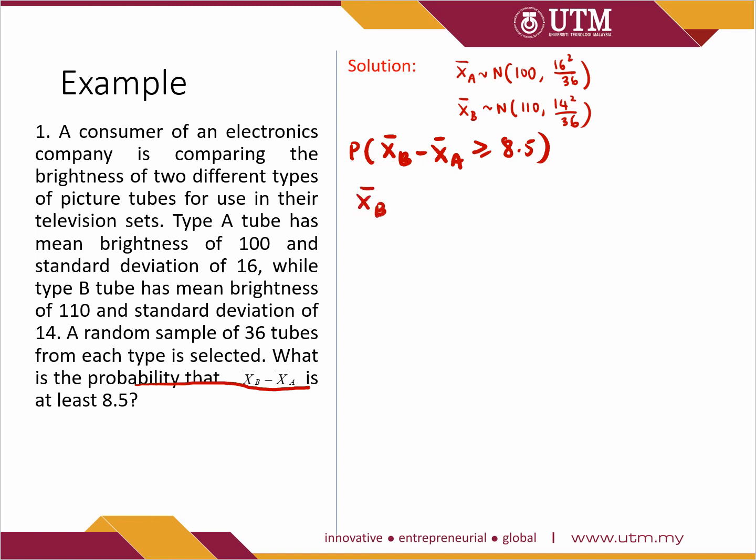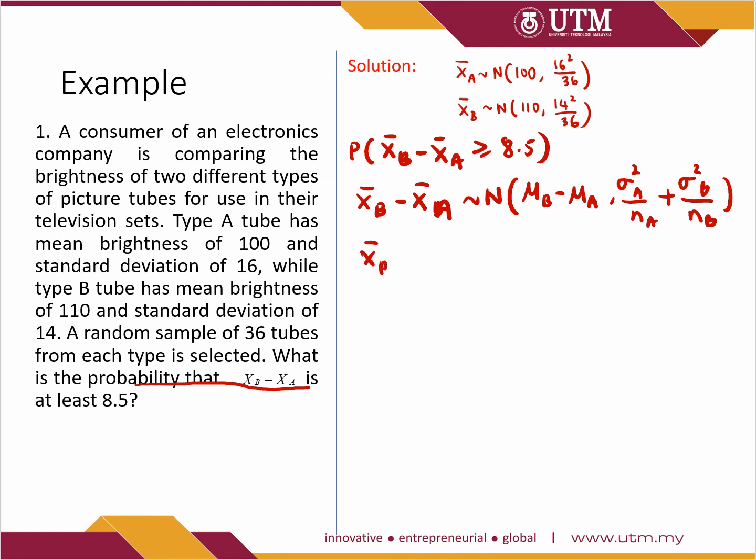Given the difference of sample means x bar B minus x bar A follows normal, the mean for this difference is given as mean B minus mean A, and the variance would be sigma squared of A over nA plus sigma squared of B over nB.